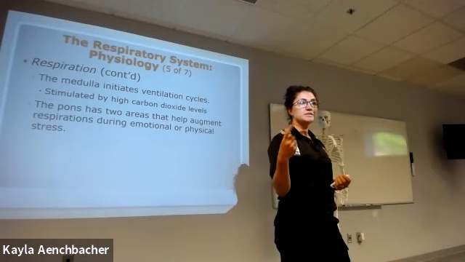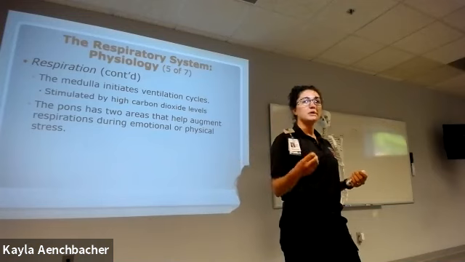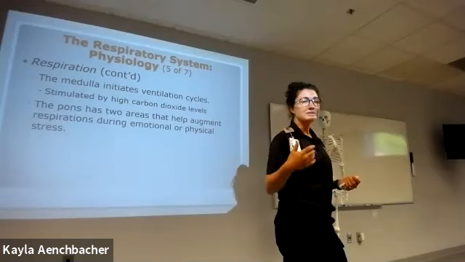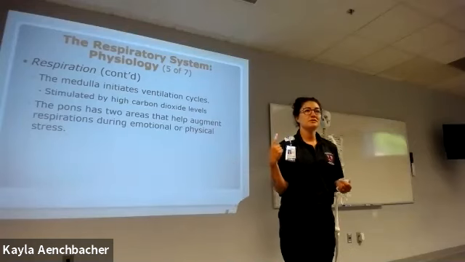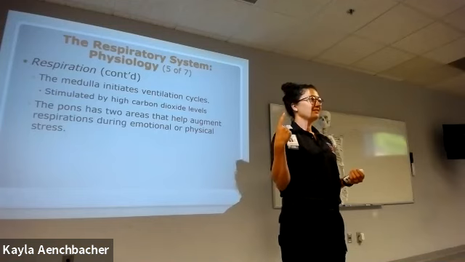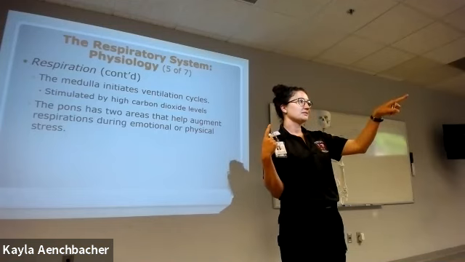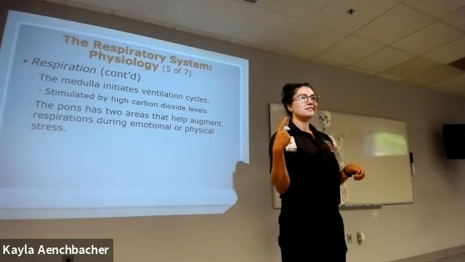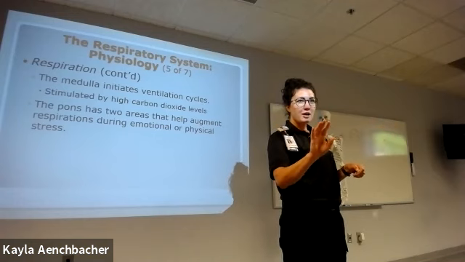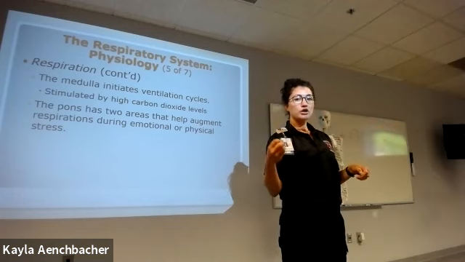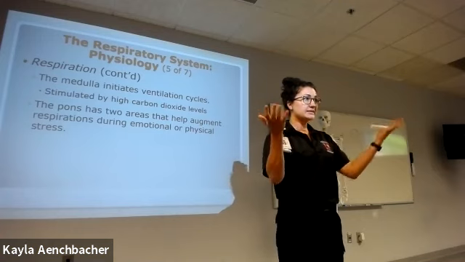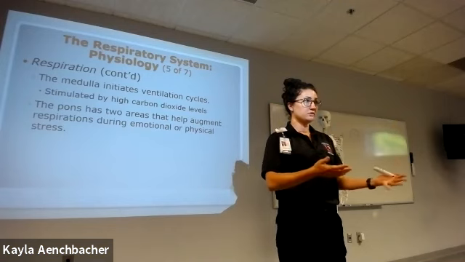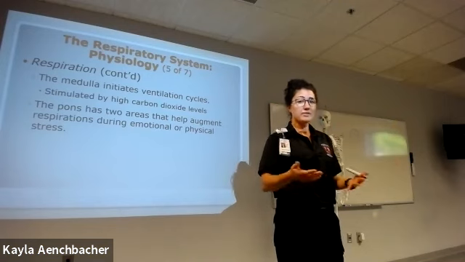If my brain notices there's too much CO2, I am too acidic, my first alarm system is going to trigger. That's where it picks up on it. It's called the hypercarbic drive. Hyper, excessive, carbic, related to the carbon, the acid.